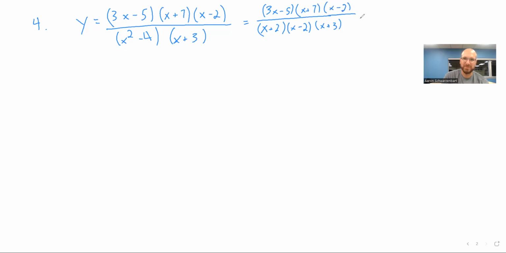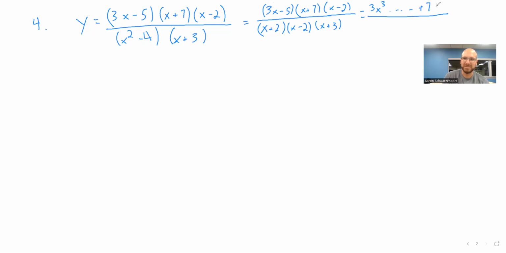I'm also going to give a partially expanded. Instead of multiplying it all out, I'll just multiply my firsts. My 3x times x on top gives me 3x cubed. Because remember, I used that in finding the end behavior asymptote. I'm also going to multiply out my lasts. Negative 5 times 7 times negative 2 is plus 70.